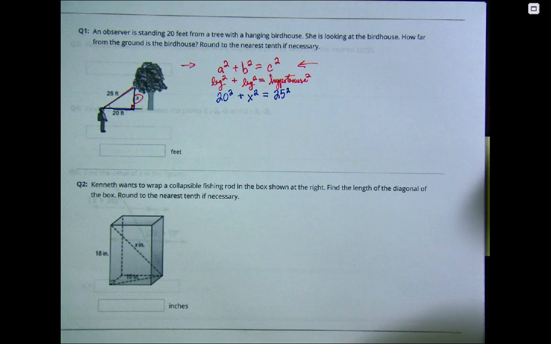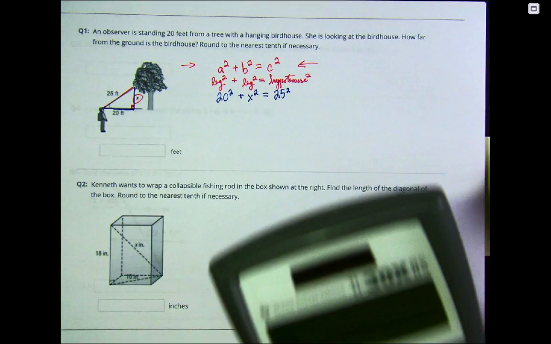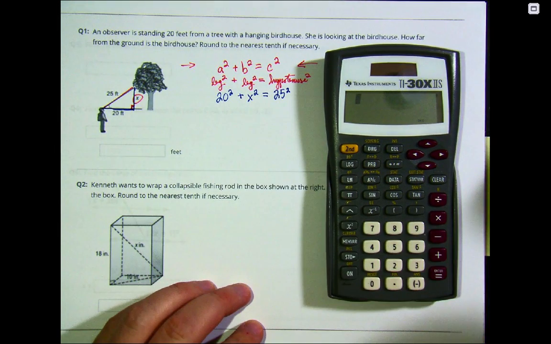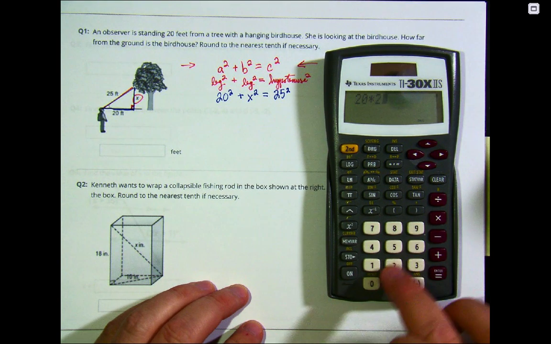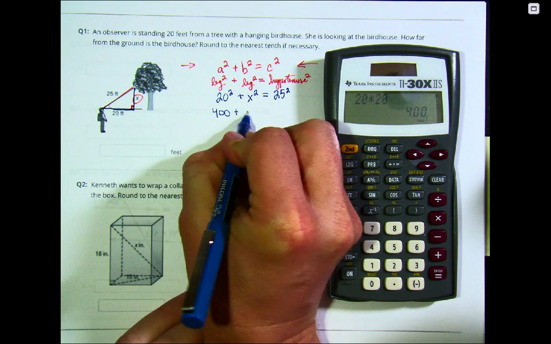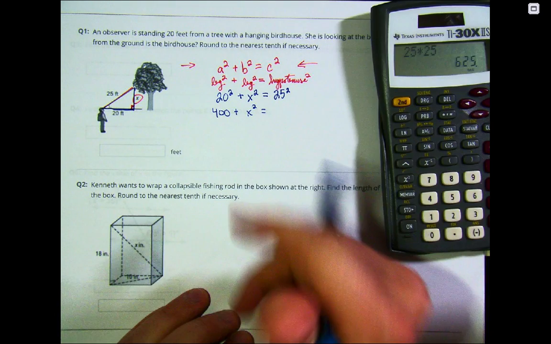Now I have set up my equation, and now I just have to solve this equation. So I'm going to go ahead and use my calculator to help me out here. 20 squared is 400. I don't know what x equals. 25 squared is 625.